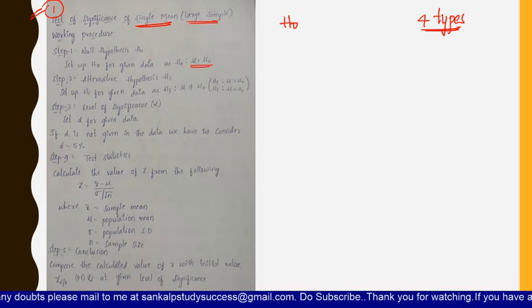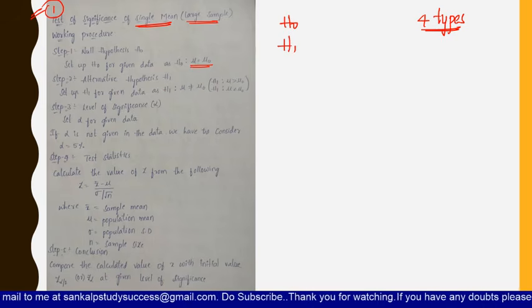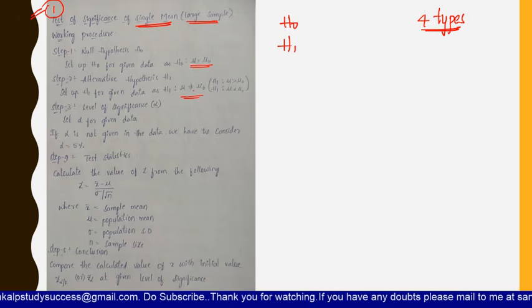This is H0, the null hypothesis. Now immediately we specify the alternate hypothesis. For the given data it will become mu is not equal to mu naught. Why? Because the alternative hypothesis is exactly the reverse of the null hypothesis. That's the reason we have exactly the opposite: mu is not equal to mu naught.